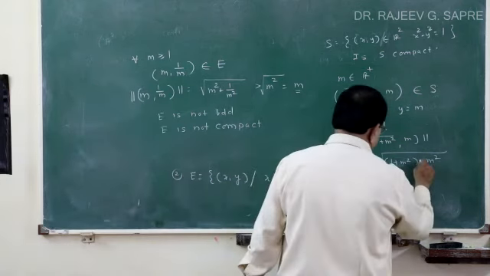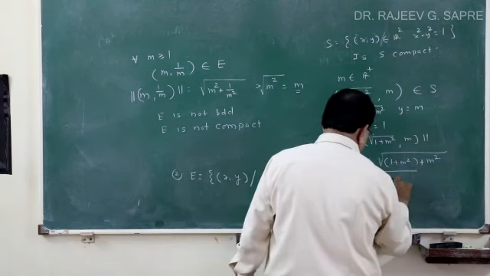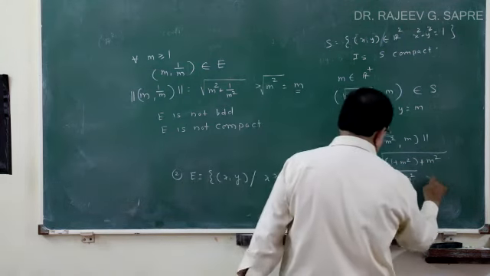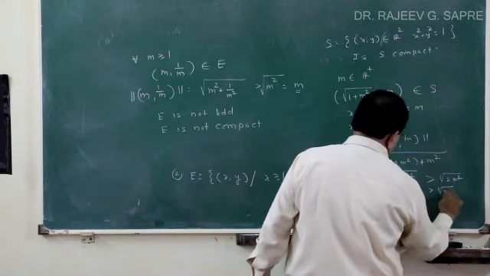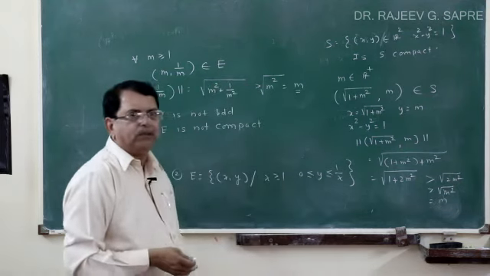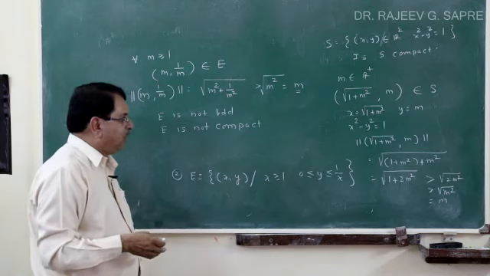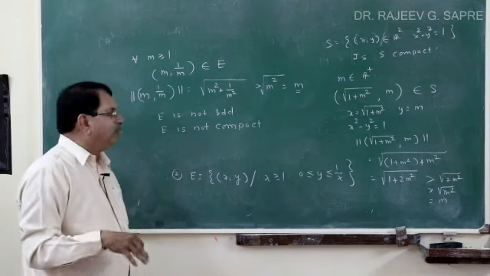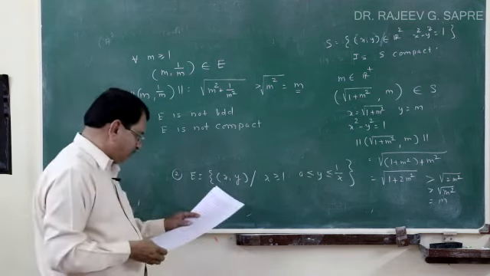So this is 1 plus m squared plus m squared, and so it will be the root of 1 plus 2m squared, and this 1 plus 2m squared is definitely greater than 2m squared, so the root is greater than the root of m squared, and so it is m. Again we can see that it all depends on m. So if m is large, then the norm is also going to increase. And so here also we can say that this set is not bounded, and as it is not bounded, it is not compact.